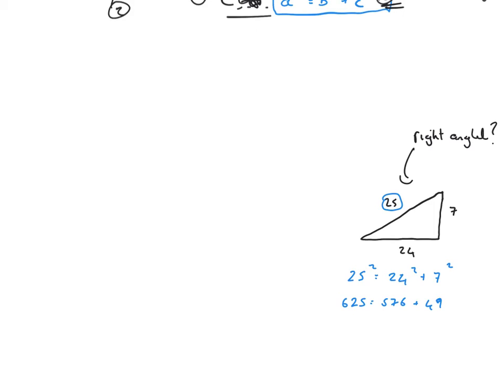Just check with your scientific calculator: is that plus that equal to 625? And it definitely is. So 625 equals 625, left-hand side equals right-hand side. Therefore, the triangle is right-angled.